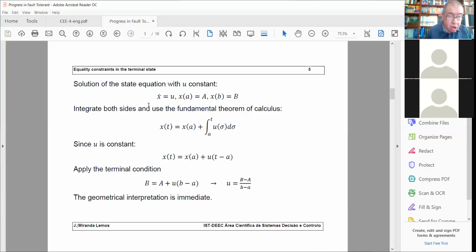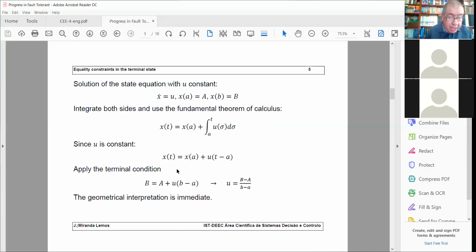So pick up your model, and now you know that u is constant. So you can solve this equation. It's very simple. You just integrate, and by the fundamental theorem of calculus, the integral of x dot is x minus x of a, so x(t) is x of a plus the integral of u. u is constant, so this is just u times (t minus a).